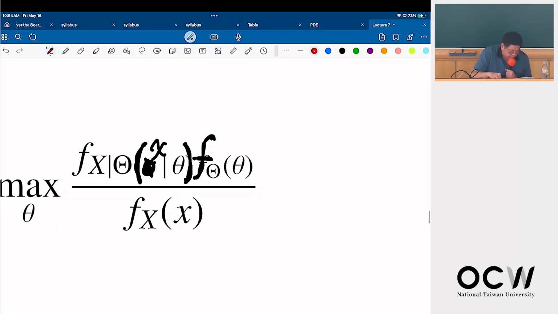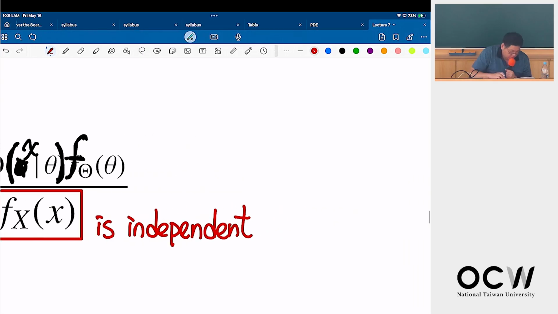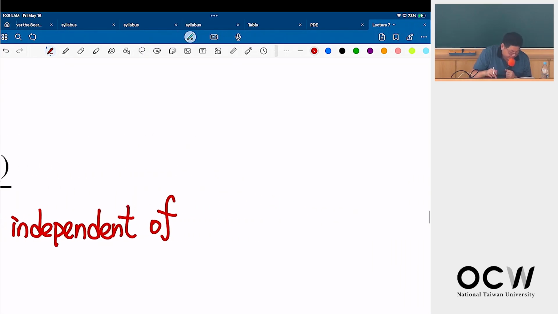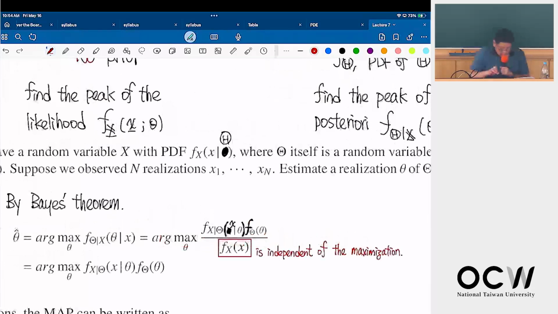This part is independent of the maximization. So we only care about the numerator.